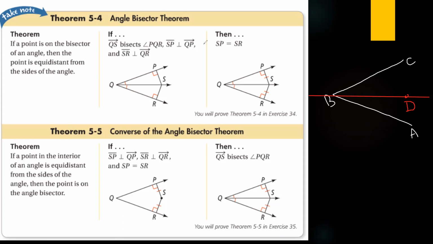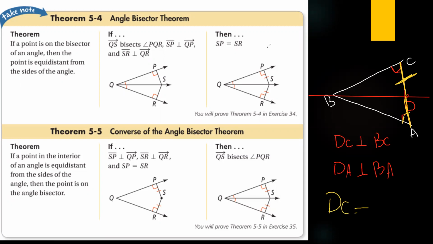If you draw a line now from point D to C, and this will be perpendicular to it, and if you draw another one that is perpendicular to BA, so if DC is perpendicular to BC, and if DA is perpendicular to BA, then the length of DC will be equal to the length of DA.